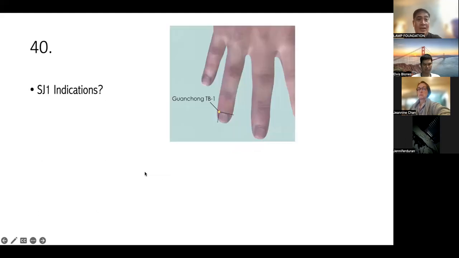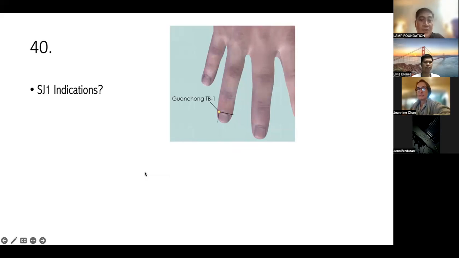That's pericardium 9. What about Sanjiao 1? Good for tinnitus, deafness, earache, stiff tongue, pain at root of the tongue, dryness of the mouth, and dry lips. Okay.